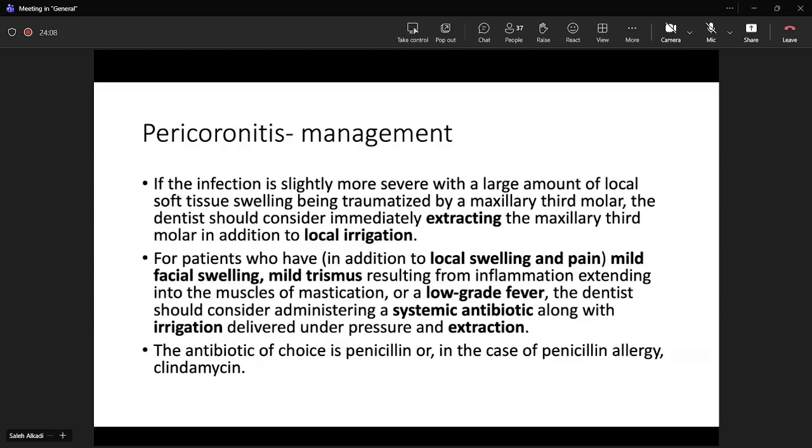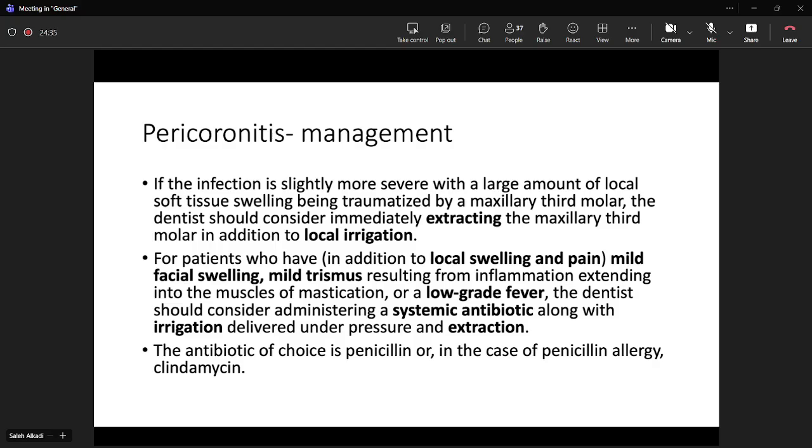If the pericoronitis is a bit severe, and the amount of local soft tissue swelling is larger, and there are signs of trauma from the upper maxillary third molar, then a good option here is to immediately extract the upper third molar in addition to the local irrigation.